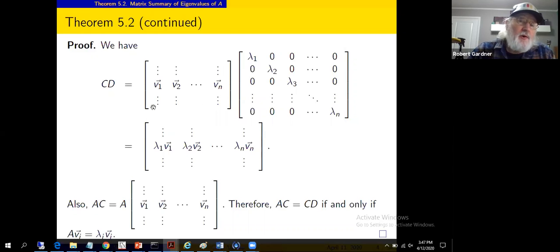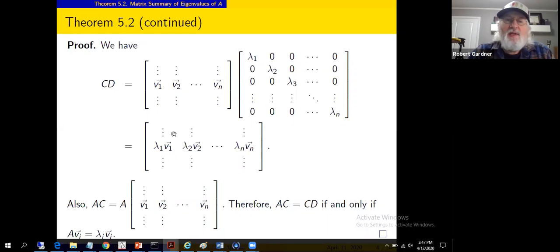Down along the last row, you'll have the last component of v sub 1 times lambda sub 1 and a bunch of other zeros. And indeed, along that first column, you'll have lambda 1 times the first component of vector v sub 1, then lambda 1 times the second component of v sub 1, down through lambda 1 times the last component of v sub 1. This first column will simply be lambda 1 times the components of vector v sub 1.